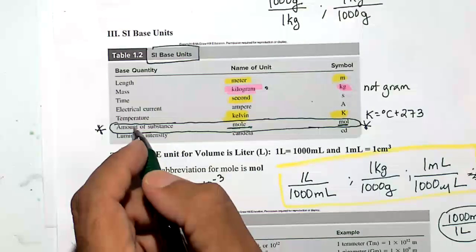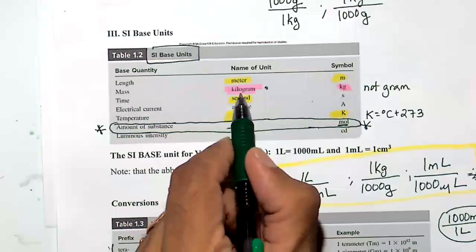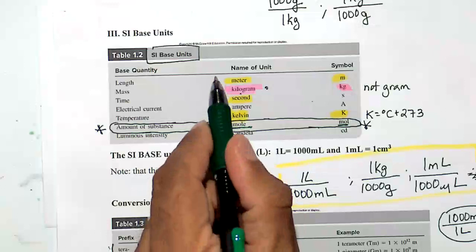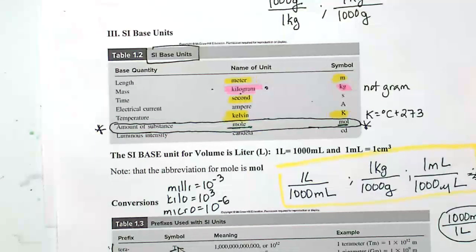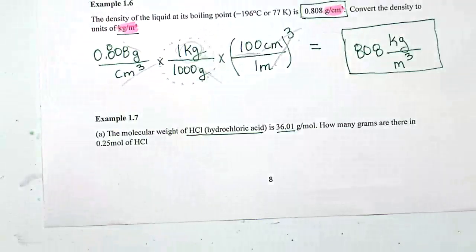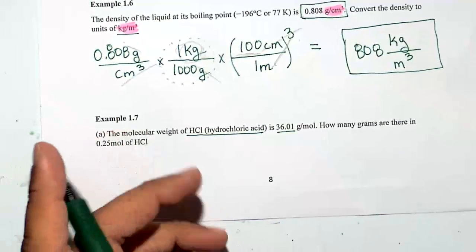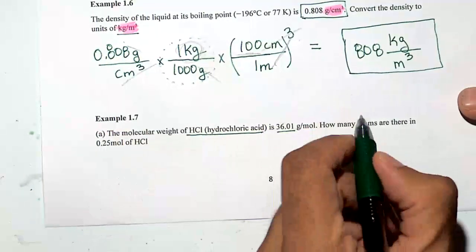Amount of substance. It's not a mass. Okay, so 10 grams is different than 10 moles. 10 kilograms is different than 10 moles. So we got a unit here that we really haven't taught you anything about. But we'll go ahead and do this problem.